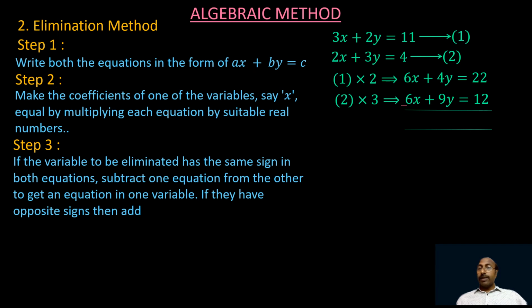So I am changing the coefficient of x as minus, the coefficient of y as minus, and the constant also minus. Now by cancelling 6x minus 6x, and 4y minus 9y is minus 5y, is equal to 22 minus 12 is 10. So minus 5y is equal to 10.